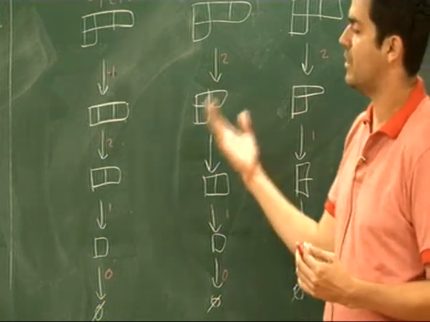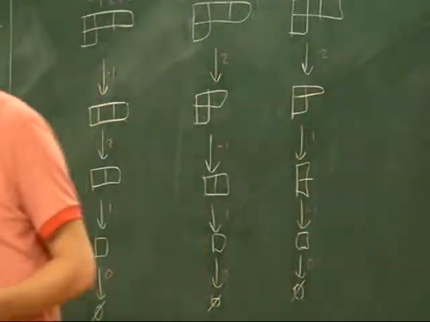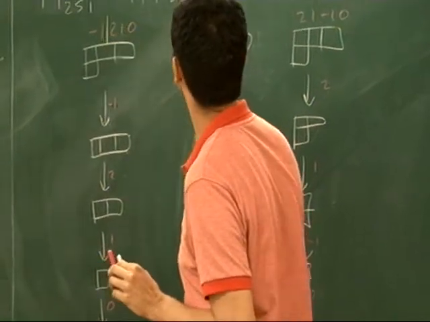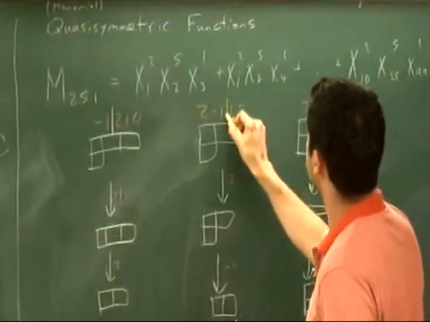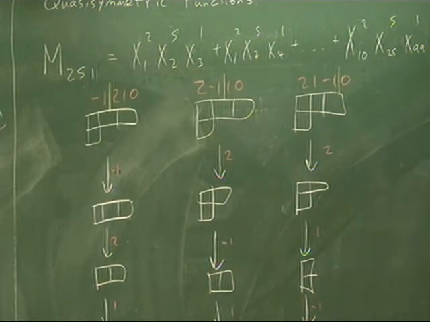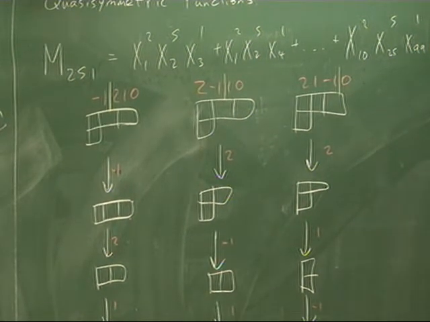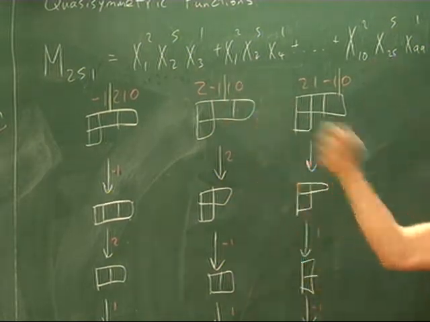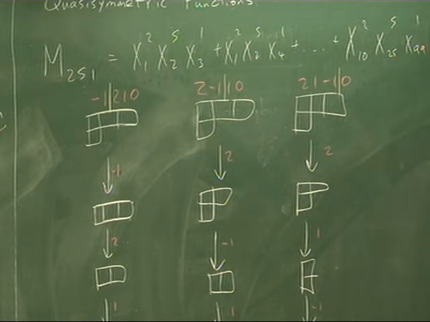An ascent is when I have a small number followed by a bigger number. And so here I have this one, and here I have this one, and here I have this one. Because I'm going from minus 1 to 0, minus 1 to 1. Here 1 to 0, that's a descent. This is going lower.